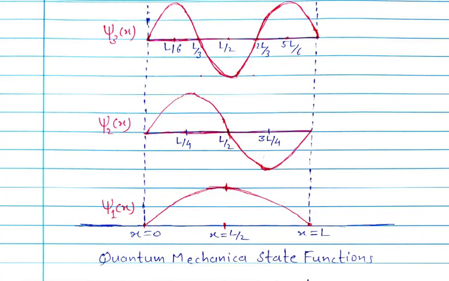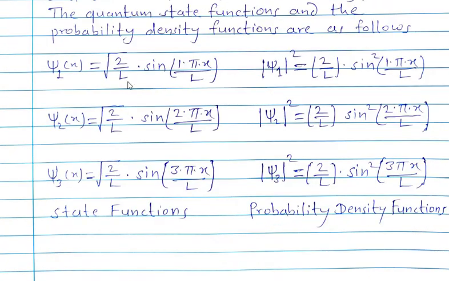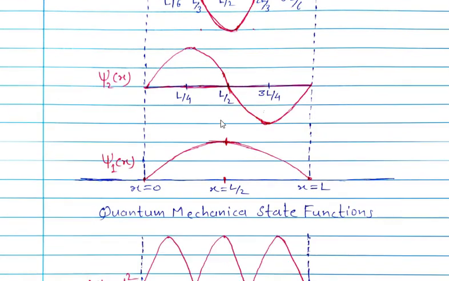Now inside the box, whose walls are at x equal to 0 and at x equal to L, psi 1 of x corresponds to root 2 by L times sine of pi x by L. You have to recall these equations. Depending upon the value of x, if x is 0, sine is 0, so the value of psi 1 of x is 0.